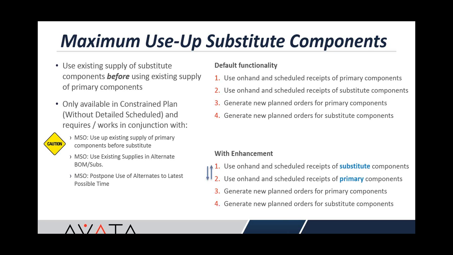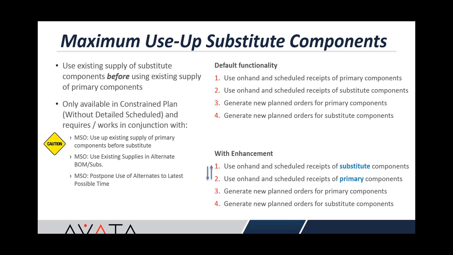Where I see a huge benefit around this in the clients that we've implemented this for is if you're doing a phase-in ECO, you can put the substitute on the bill of material, the new part, the primary, and you can then drive the behavior to use up all of the substitute component supply, which will then drive you to the primary.